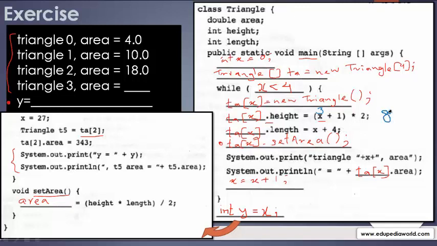The height is 8. And for the length, the value of x is 3 and 4 plus 3 is 7. Now the height is 8 and the length is 7, and 8 is multiplied by 7 and divided by 2. The value is 28. The area in here would be 28.